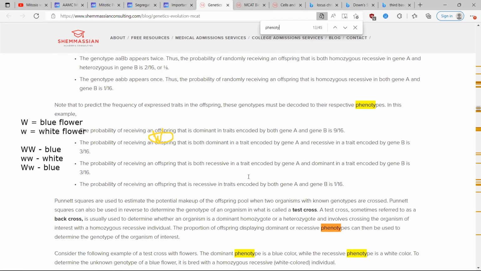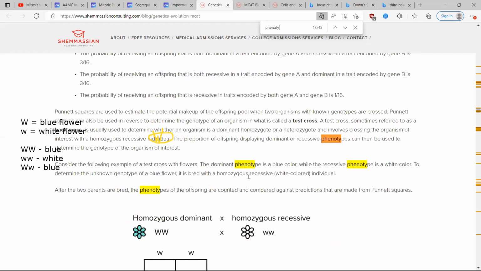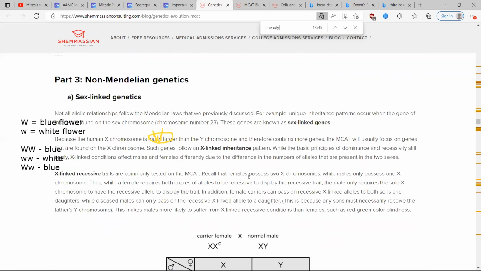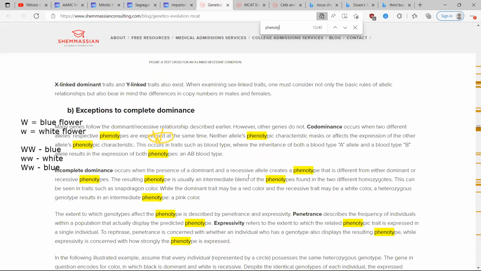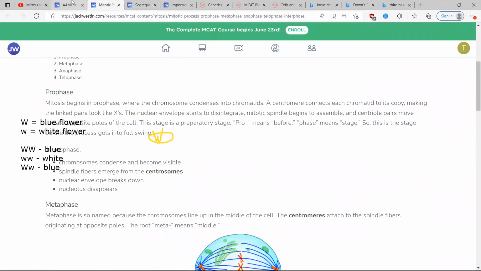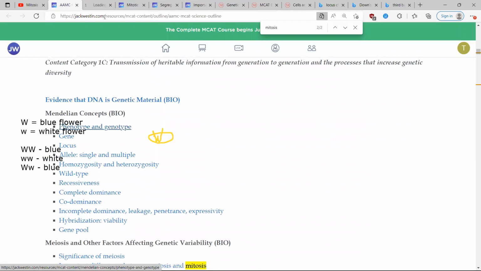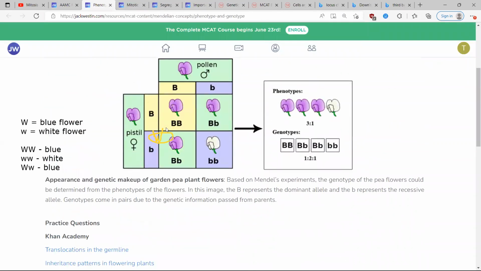That's very surprising that they didn't talk about it here. Let me see if I can find it somewhere else because it is important. Maybe here, phenotype and genotype. Yes, this is what I was looking for.